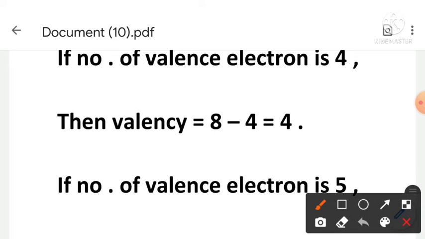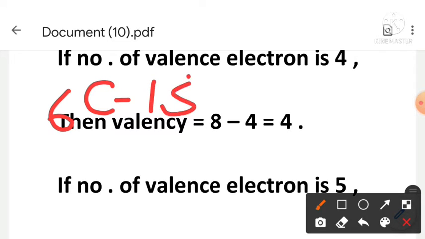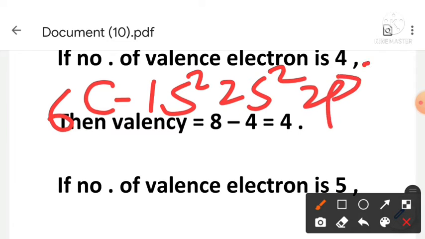Now we see the next condition in which the number of valence electrons is 4, then valency is also 4. Here we use the octet law, in which we subtract the number of valence electrons from 8 and derive the valency. Now we see the carbon atom, 1s2, 2s2, 2p2.